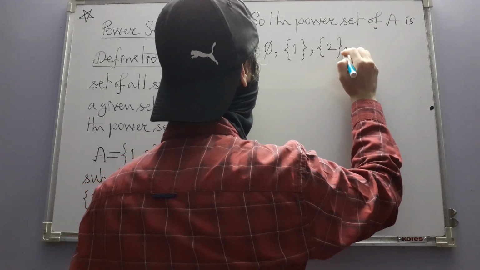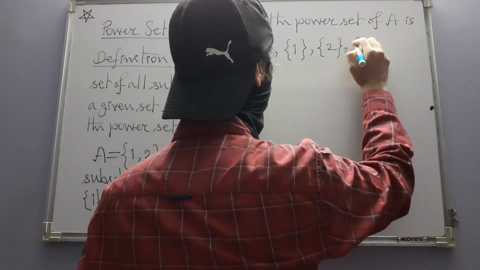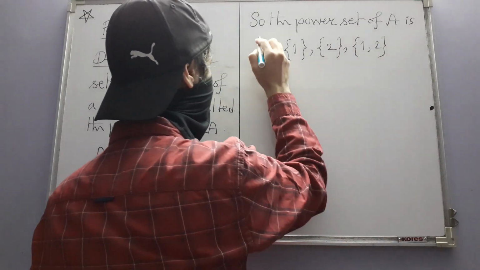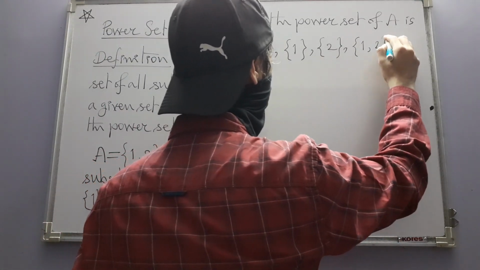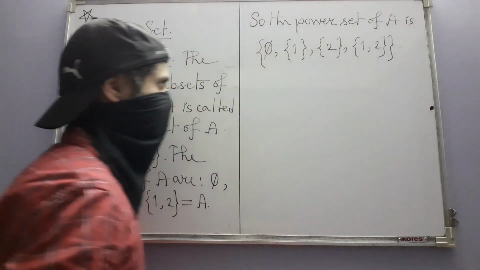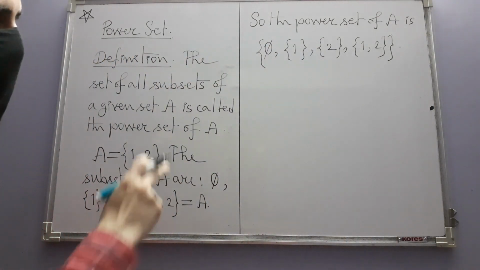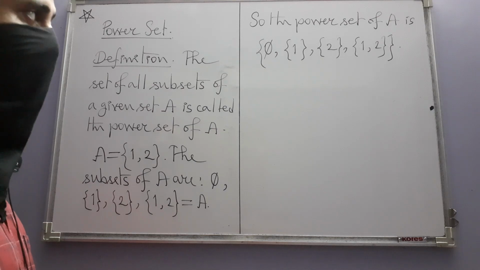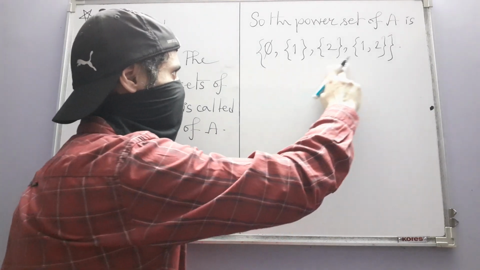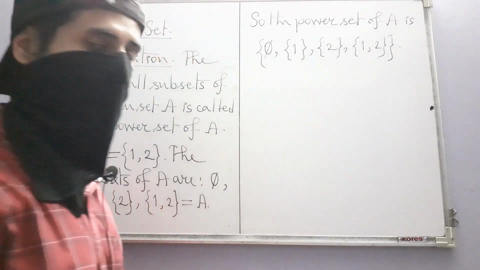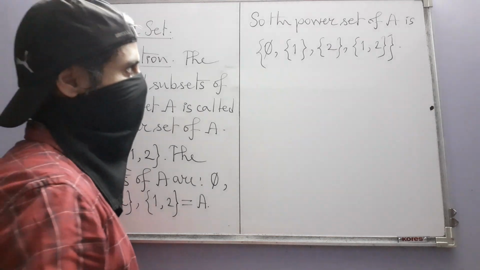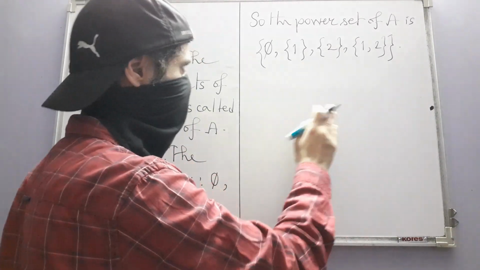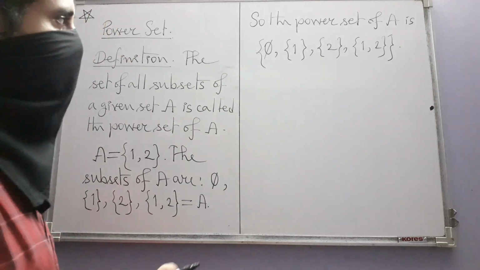You write the list separating the elements by commas and then enclose them within curly brackets. When we see this type of sets for the first time, we may get really confused about these brackets and the commas. Be very careful about them, okay? Do not mix them up.